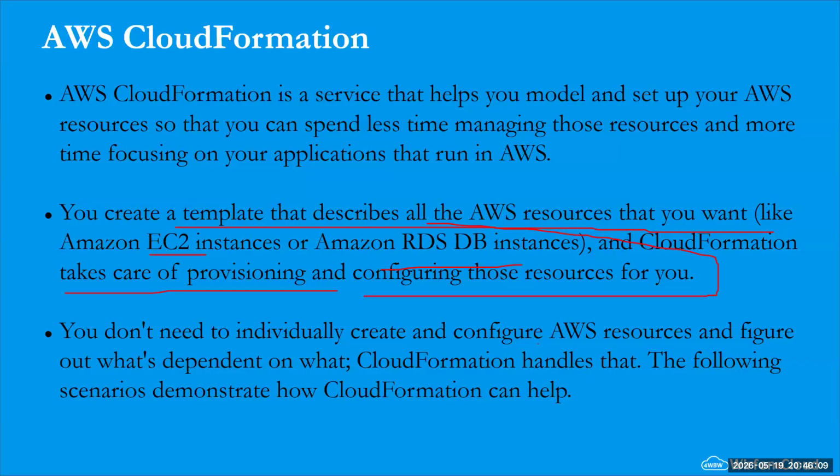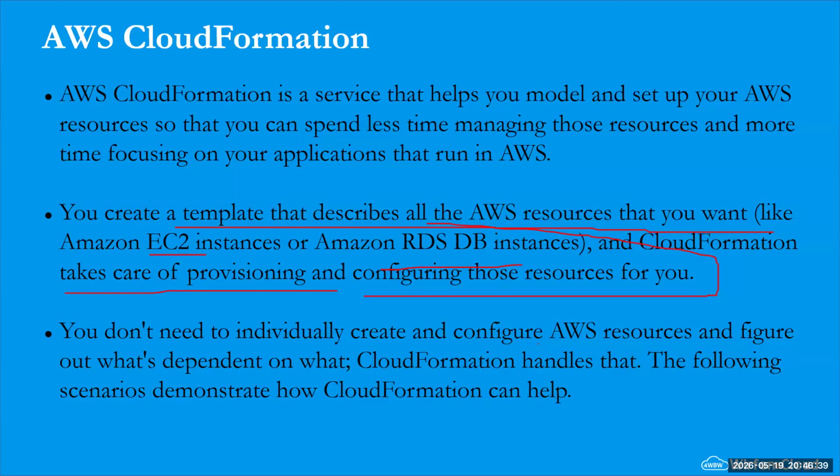Because when creating resources, let's say you want to create a VPC, you want to create subnets, you want to create an internet gateway, and you want to create an EC2 instance inside that. Once you put the resources, CloudFormation will know that to create an EC2 that connects to the internet, it will need to create the VPC first, and then it will need to create an internet gateway. It will not create an internet gateway and then be wondering where it will go.